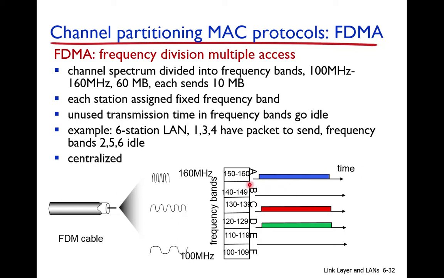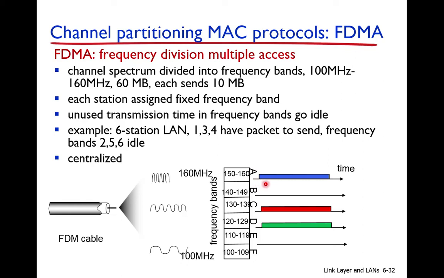Why is it wasted? Although node A is transmitting 10 MB per second, node A has 20 MB data. It is receiving 20 MB data per second. It wants to transmit 20 MB data, but it cannot because its frequency bandwidth is 10 megahertz. So it can only send the data up to 10 MB per second.